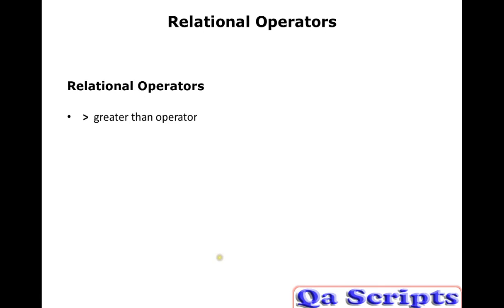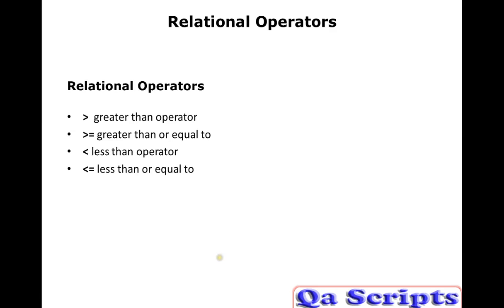We have the greater than operator, where we are going to use the greater than symbol, greater than or equals to symbol, less than operator, less than or equals to operator, equals to operator, and last but not the least, not equals to operator. These are the 6 different operators we have in the relational classification.